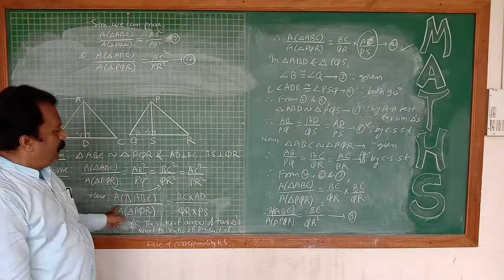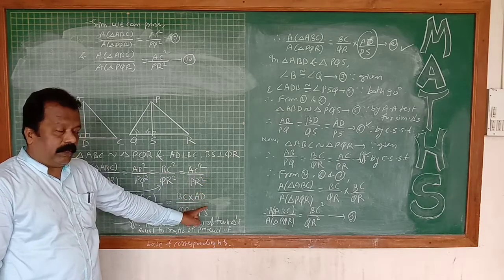And equation number 10 is the area of triangle ABC divided by the area of triangle PQR is equal to AC square upon PR square.